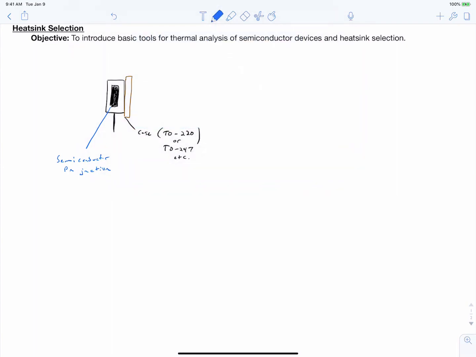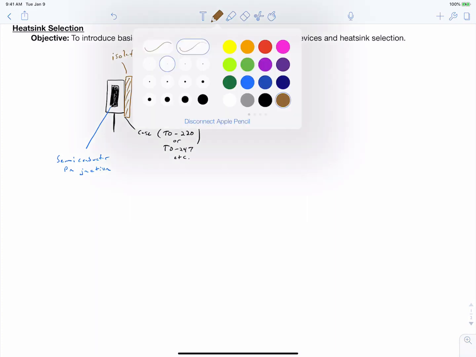So for example, if you're implementing a buck converter with a MOSFET on one side and a diode on the other side, you may not want the drain voltage of the MOSFET in contact with the heatsink, because if anything touches that heatsink, it could be exposed to a large voltage. So what we do is we purchase some kind of isolating pad, and then on the other side of this pad, we'll actually mount our heatsink.